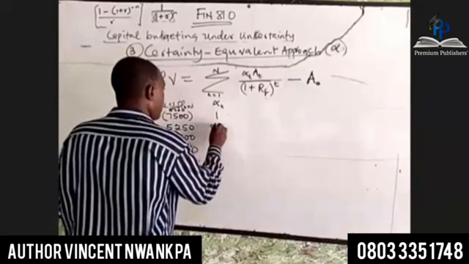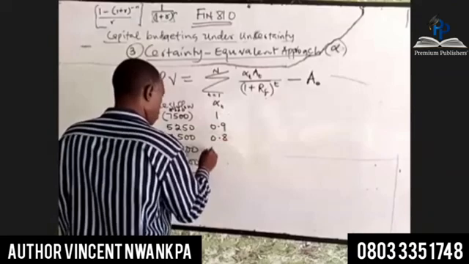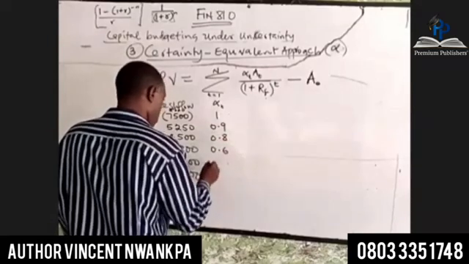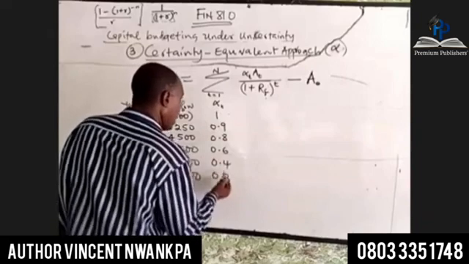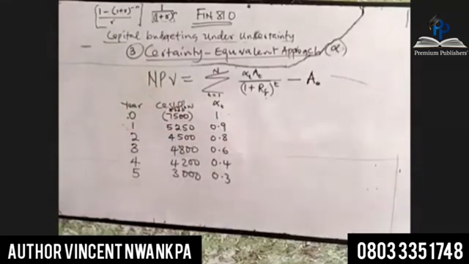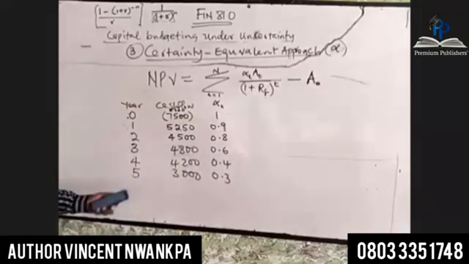They gave us the certainty equivalent values: 0.9, 0.8, 0.6, 0.4, then 0.3.